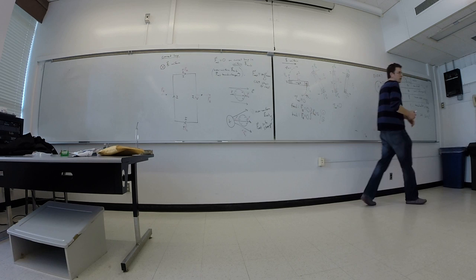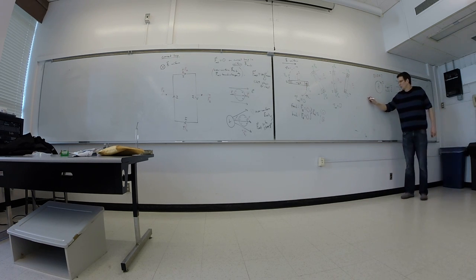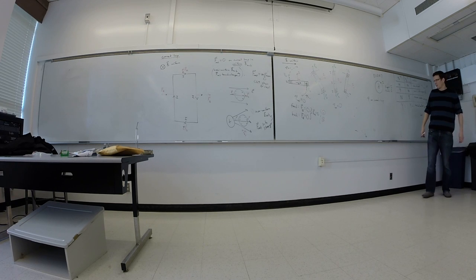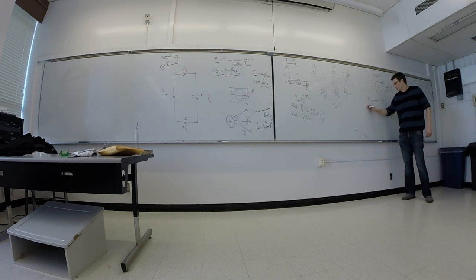So let me give you the torque formula. This is the torque on a current loop. I'm not going to derive this just for time's sake, but here's the answer.